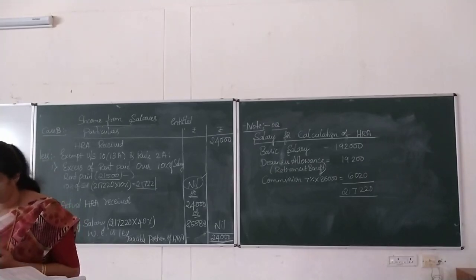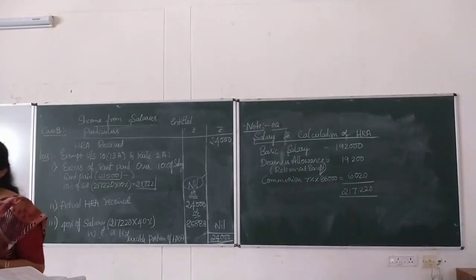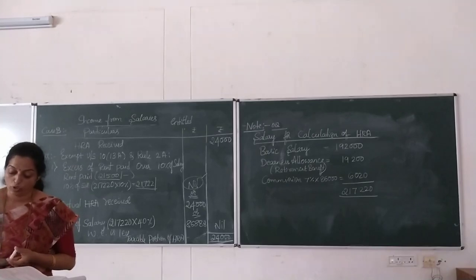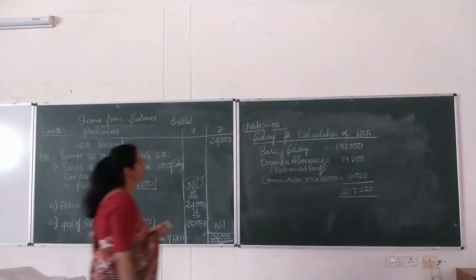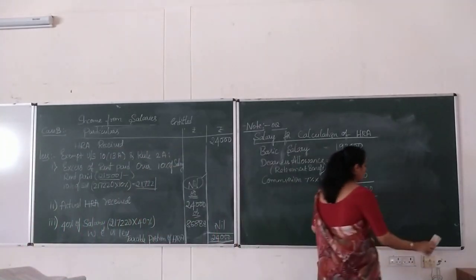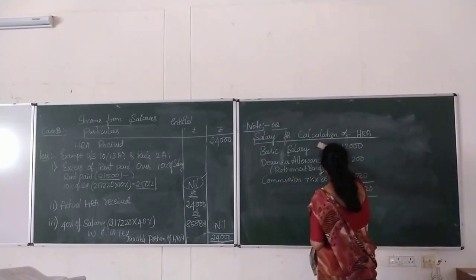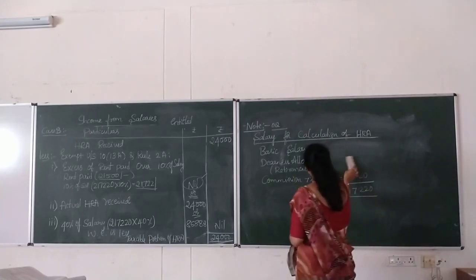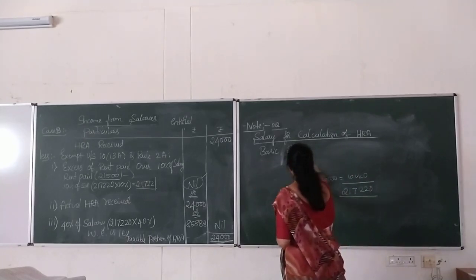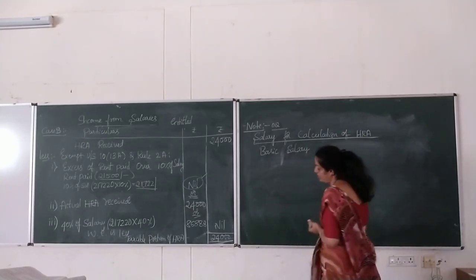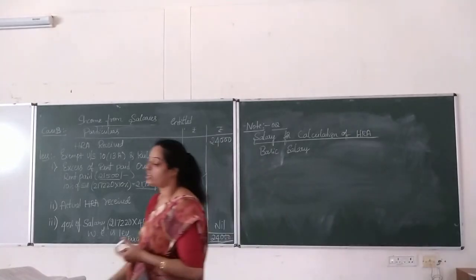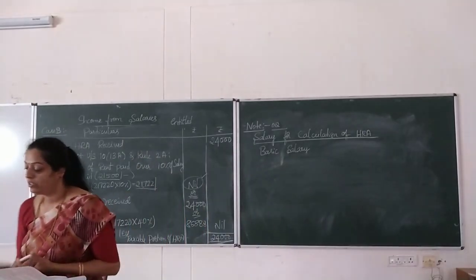So here we should note: salary for the purpose of HRA is basic pay and DA pay, which they have given, so we should consider. Commission, bonus and entertainment allowance, all these three are nil. We should not take them.